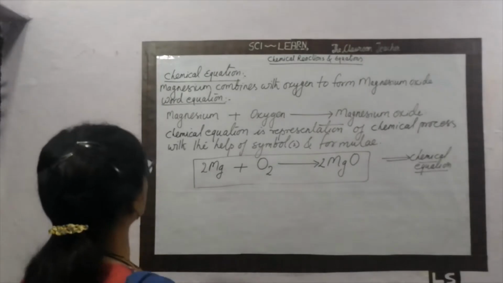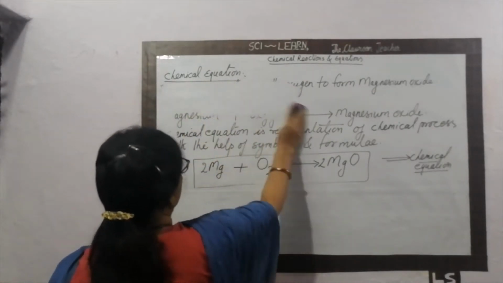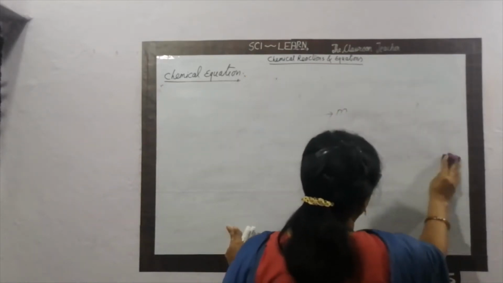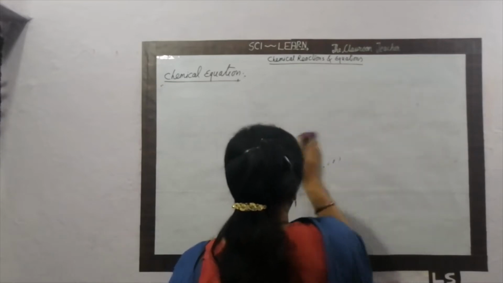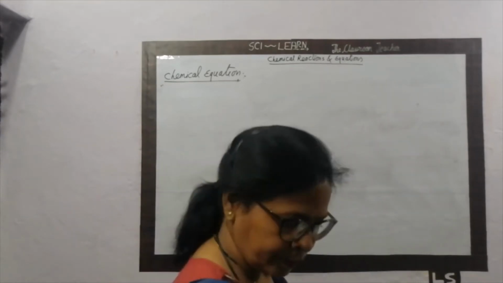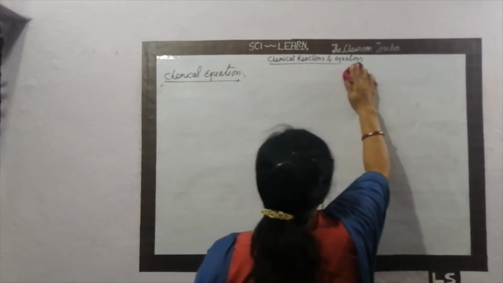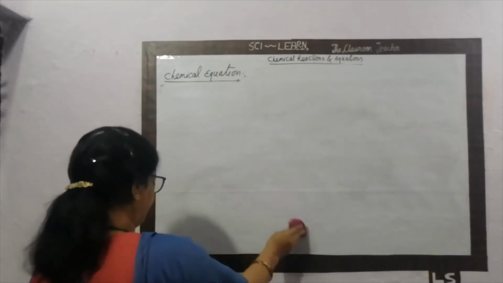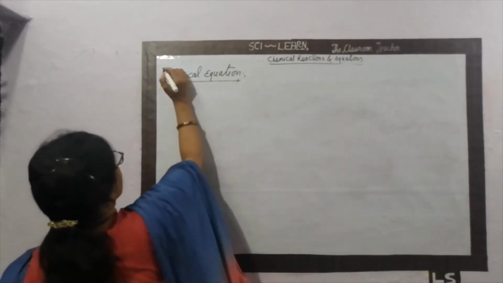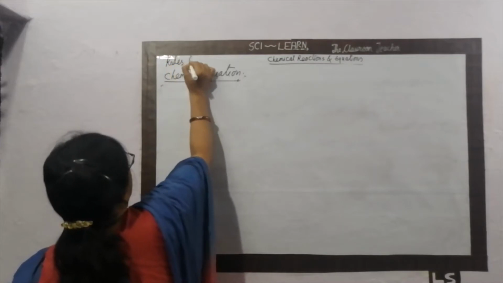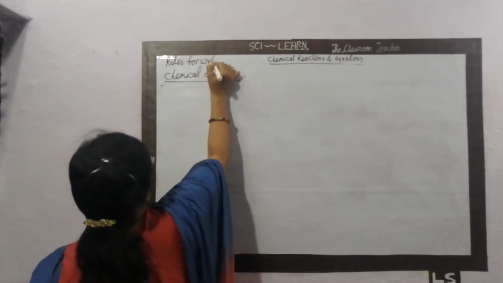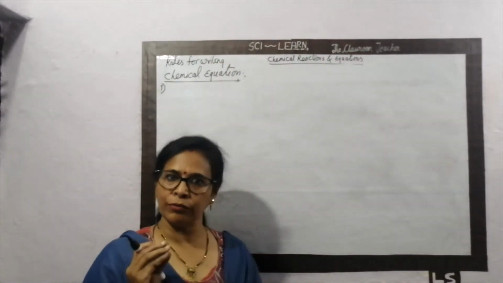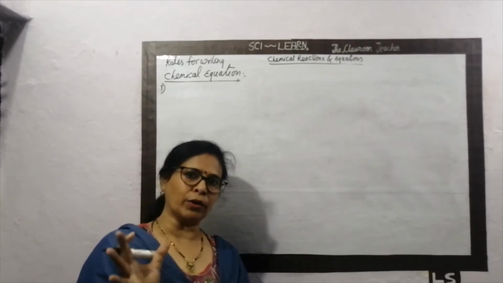So first, what are the rules for writing a chemical equation? According to the first rule, we have two parts of the reaction.